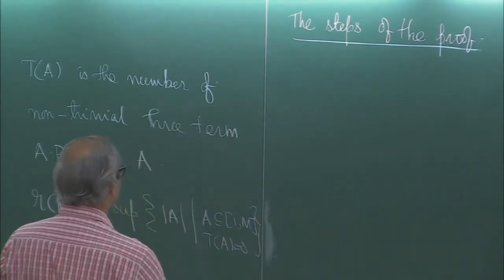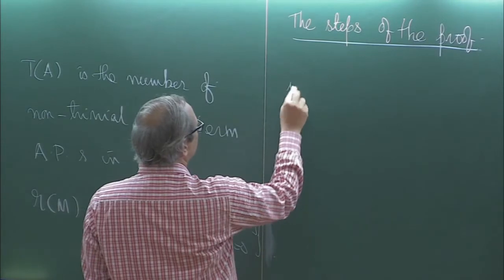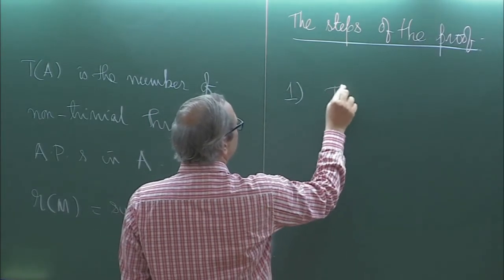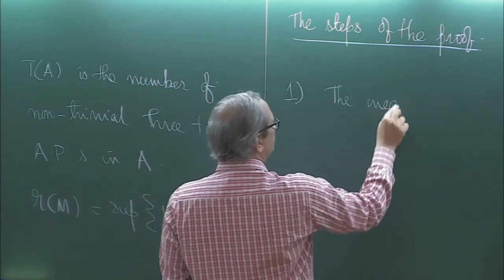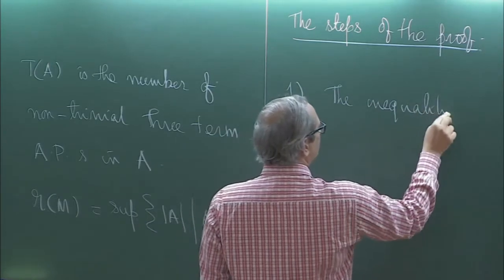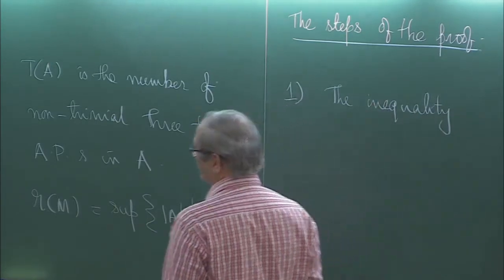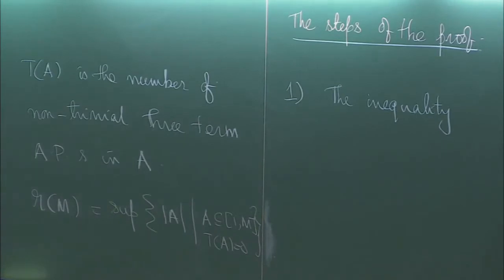So step one was to say the inequality. Maybe I will actually give it a number this time. The trouble is I won't be able to remember exactly that I have given it a number, but let us say 1 just for the sake of reference.